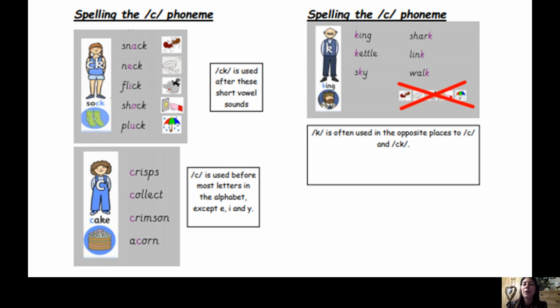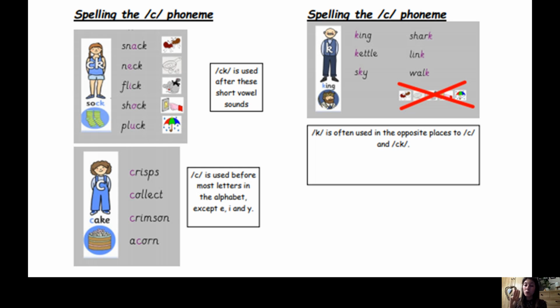Then we have Grandpa K. He's so busy tidying up and picking up after the girls, all of the things that they've missed. So he will come after every sound that isn't a short vowel sound. So if we don't hear an a, e, i, o, u before the k sound, we're probably going to use Grandpa.